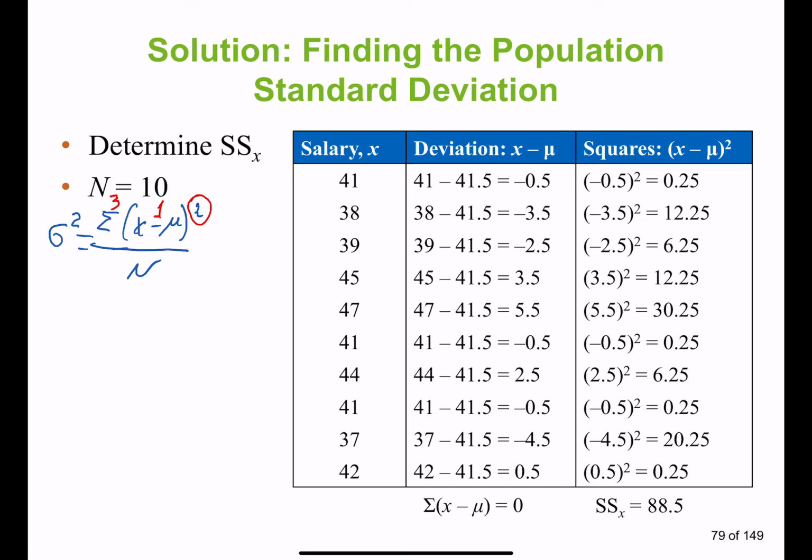We add all these numbers up, and we get 88.5. And after that, the fourth operation is division. We divide by n. N was 10, remember, or here it is the same 10. If you count, we have 10.